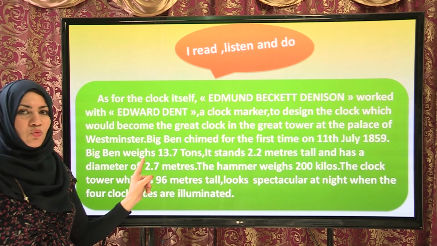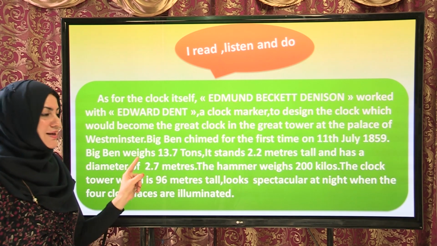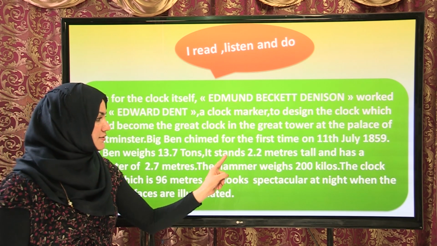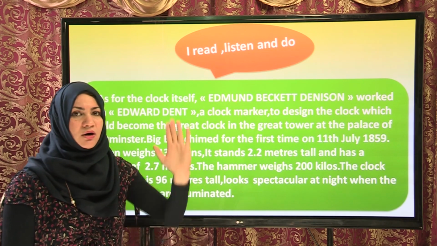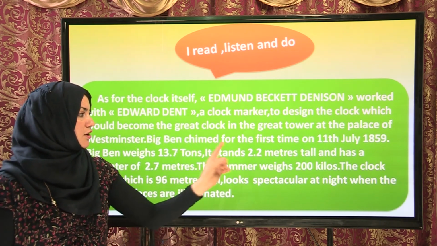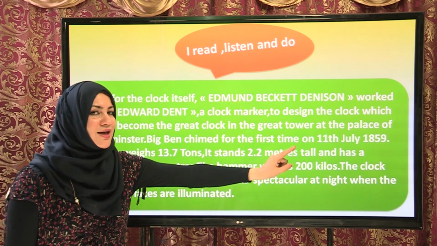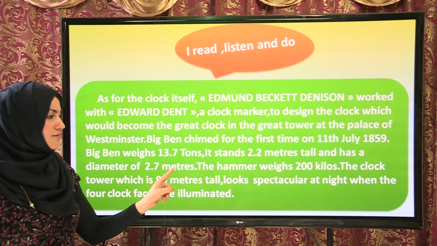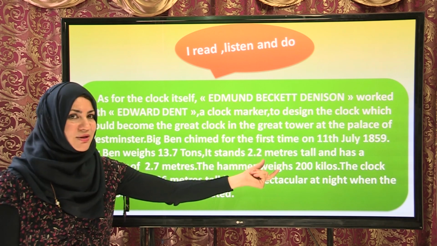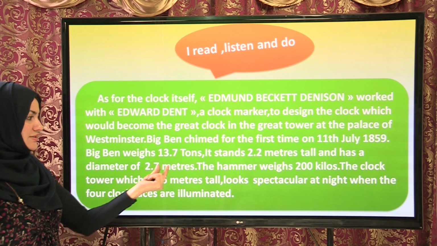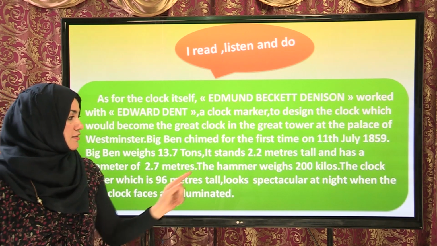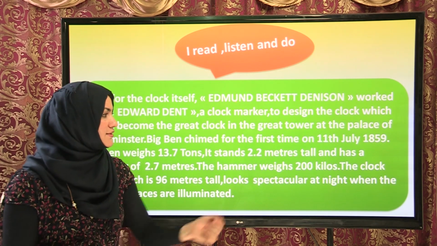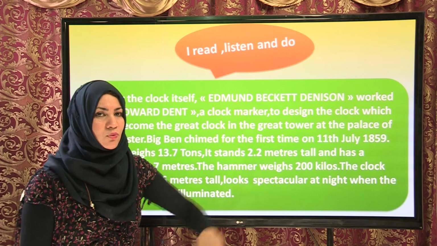Big Ben weighs 13.7 tons. It stands 2 meters tall and has a diameter of 2.7 meters. The hammer weighs 200 kilos.